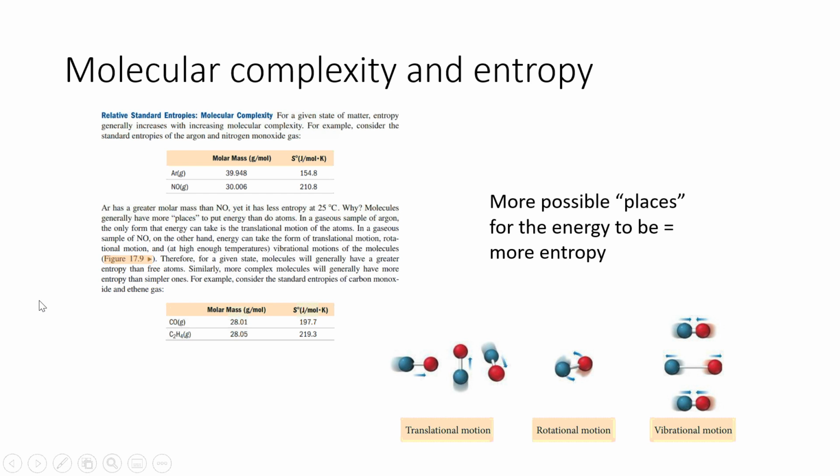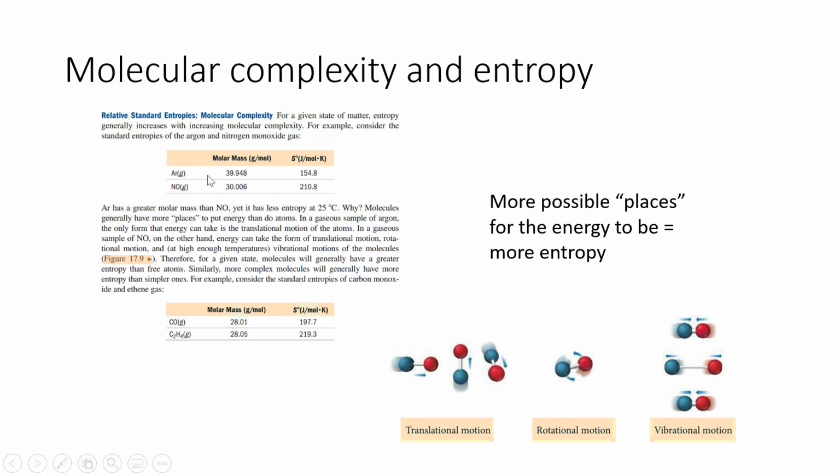Something else to keep in mind is that different molecules, like let's say we have two molecules here, they're both gases, notice that their entropy values are different. So it's not just the state of matter that affects entropy, it's actually the complexity of the molecule itself. That has to do with the fact that the bonds within a molecule actually do wiggle around. So there are different possible microstates that the molecule can have depending upon the number of bonds in it.